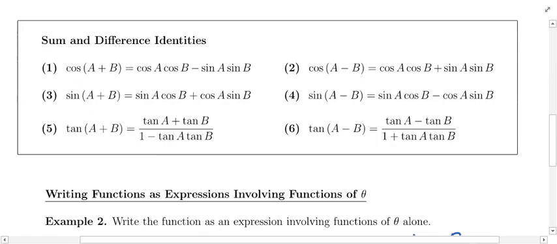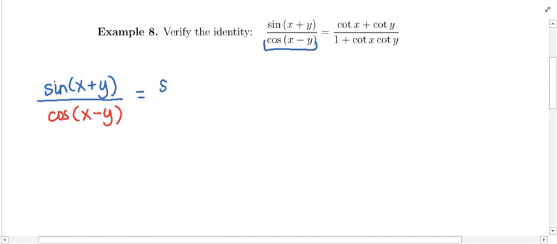Back on page 1, that's formula number 3. We replace the a and the b with x and y, which gives us sine of x times the cosine of y plus the cosine of x times the sine of y.